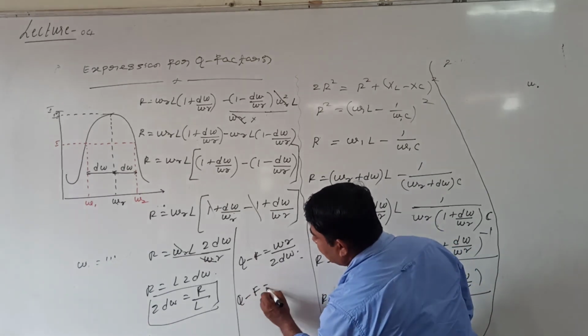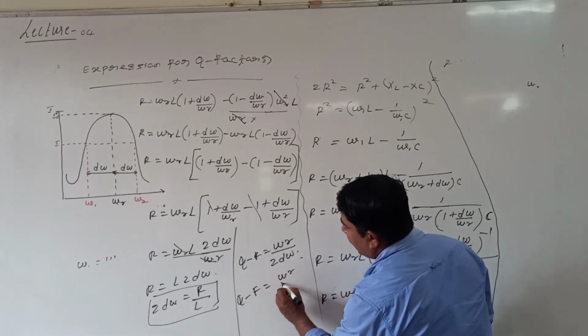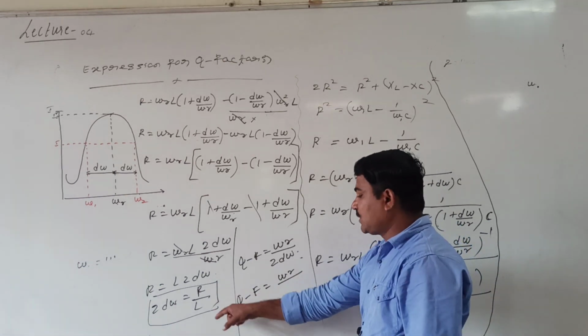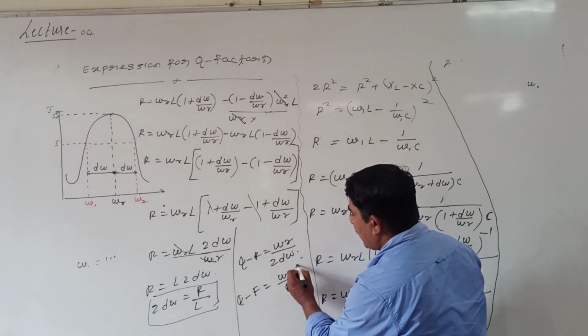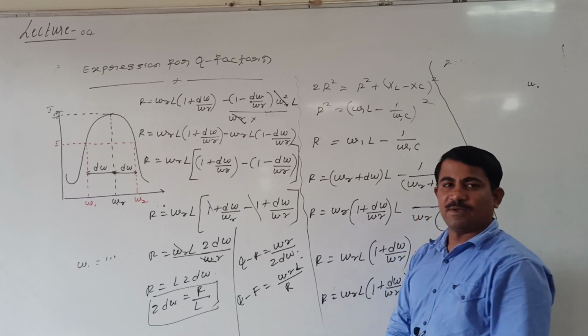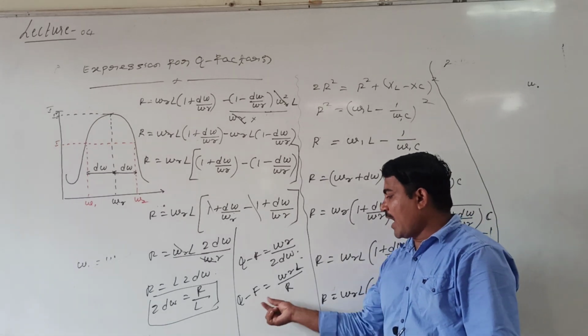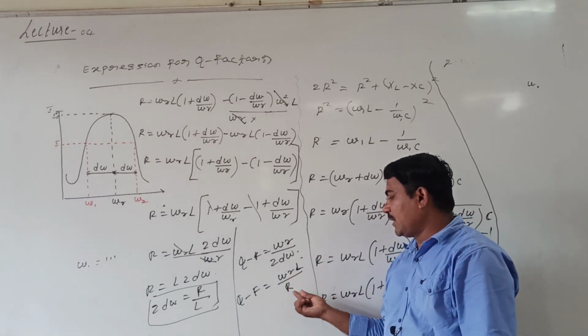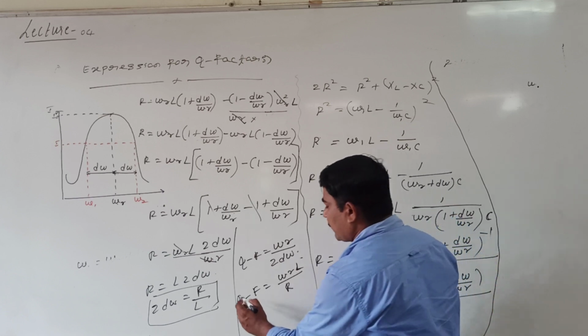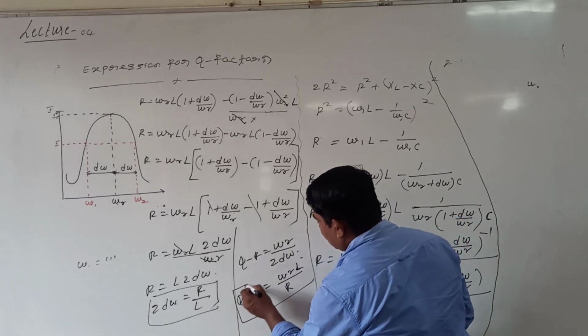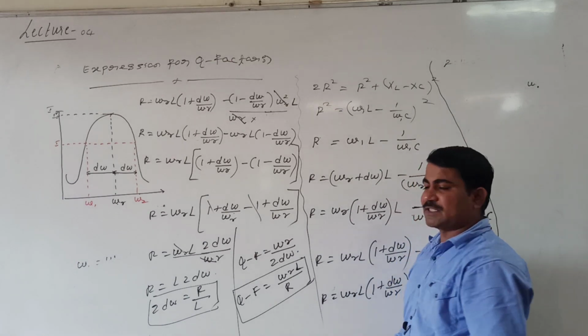Q factor is equal to omega r divided by 2d omega, which is R by L. L goes upside. Then we got Q factor is equal to omega r into L divided by R. This is what we call the Q factor expression.